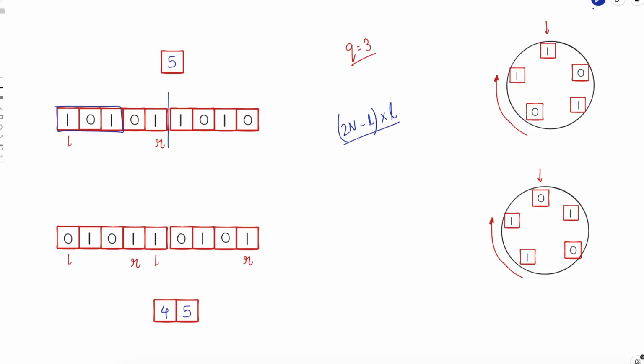So overall, you are taking 2n minus l multiplied by l, and l can in the worst case be n. So overall, this entire thing is n square. So for each query, you are taking order n square time in the worst case. You have q number of queries, so overall complexity would simply be q n square, which is very bad.